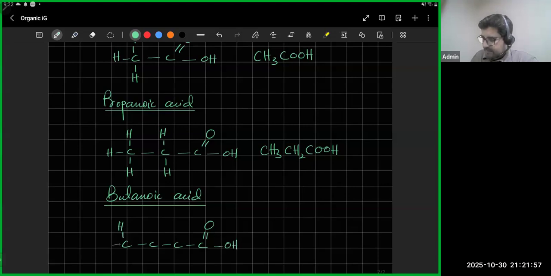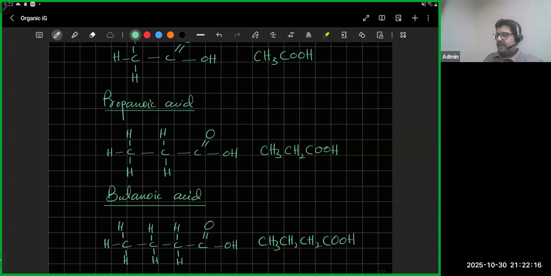This one will have 3 H's, this one has 2 H's, this one also has 2 H's. So the formula would be CH3, then CH2, then another CH2, and then CO and OH. That's butanoic acid.